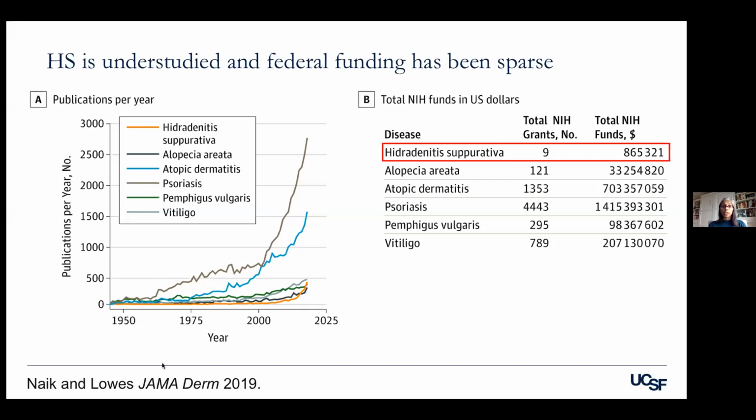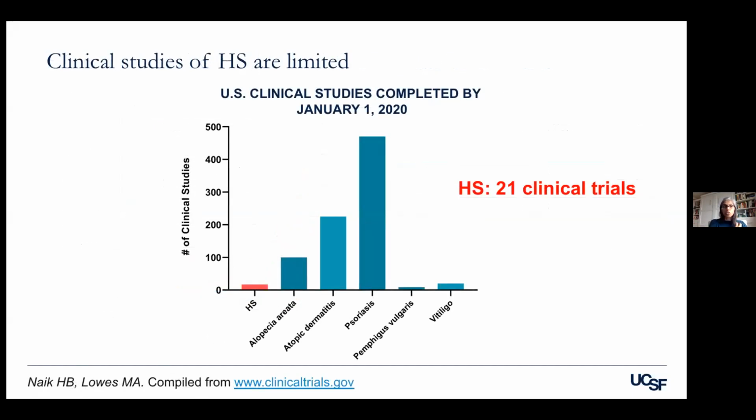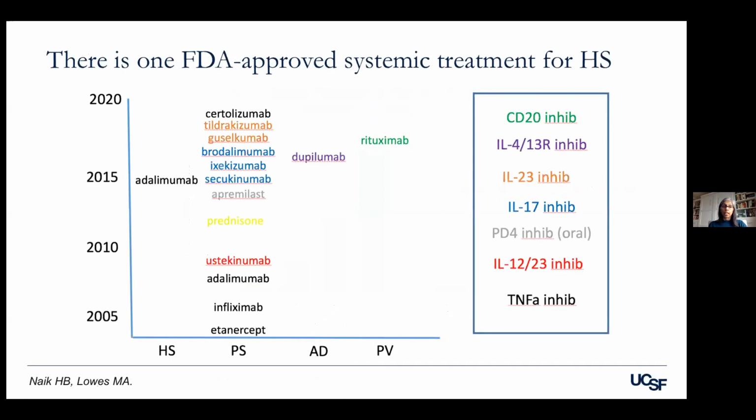And this dearth in funding in the federal space extends to the private space, the industry space as well. If we're specifically looking at completed clinical trials in HS, again, the numbers pale in comparison to that of other common inflammatory skin diseases, with completed HS clinical trials rounding out in the low 20s. So really, it's no surprise then that given the lack of funding and the lack of trials, there really is only one single FDA-approved drug for HS.